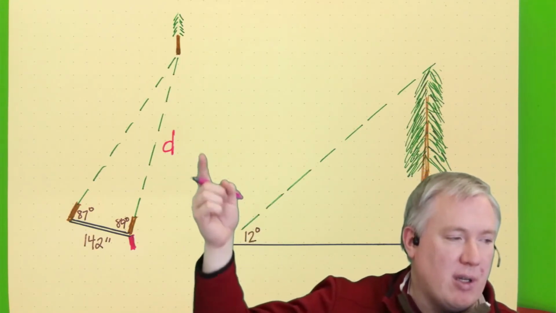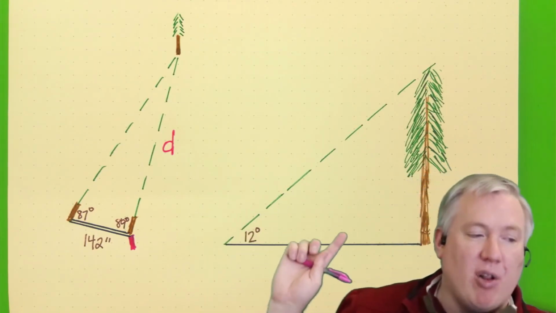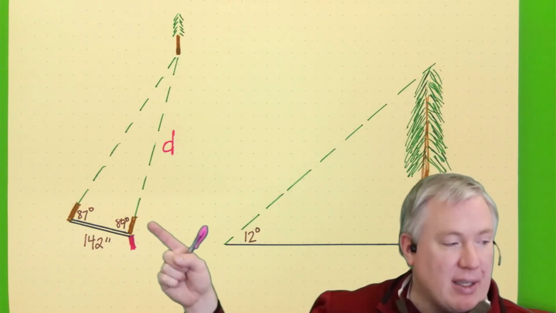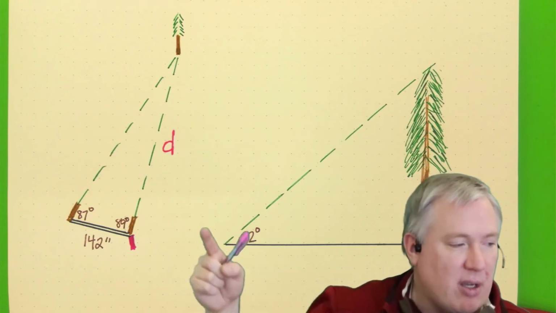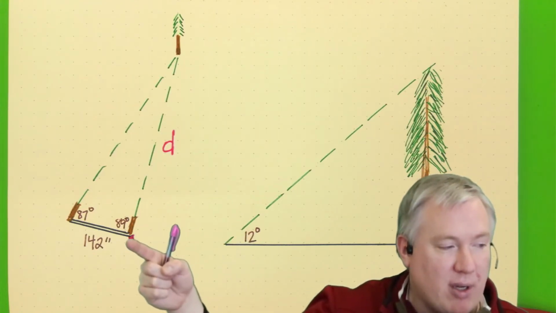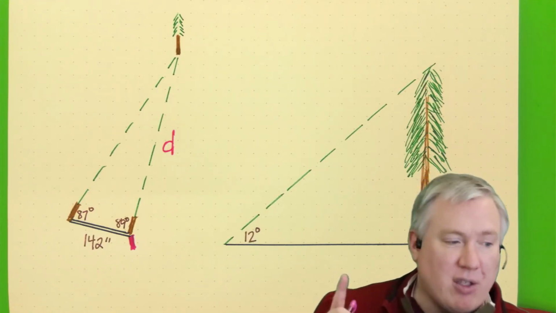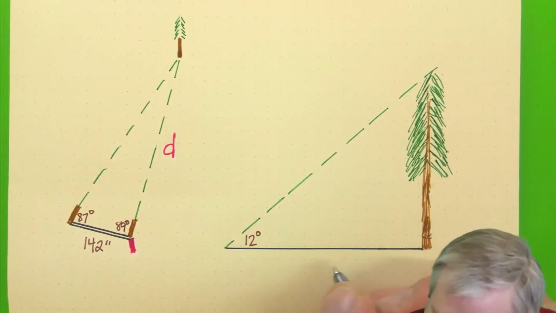It was from that point that you were supposed to measure this angle up to the tree. The key is that whichever side you label as distance should be the one where you took your pointing device from that same spot, and that's where you pointed up. If that's true, that means the distance from here to here is also D.